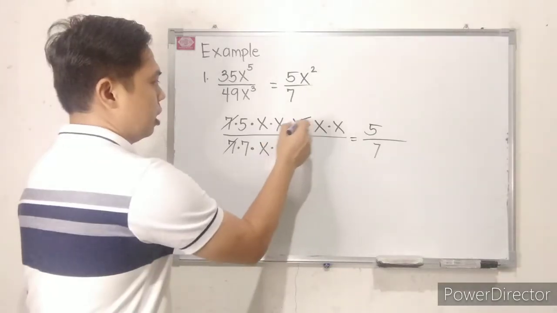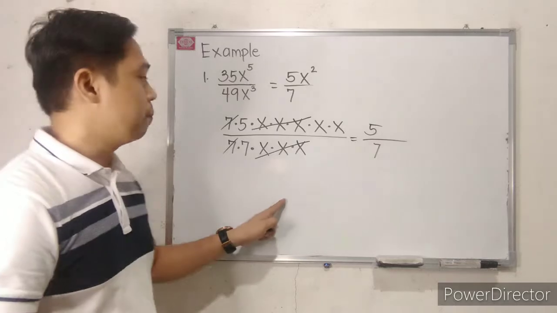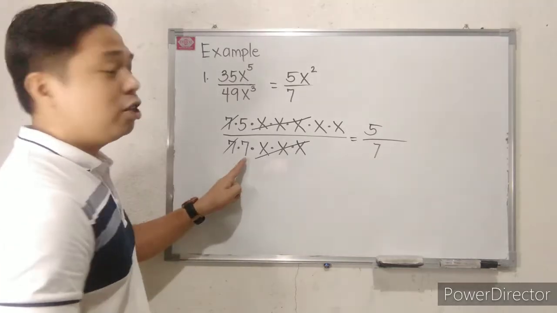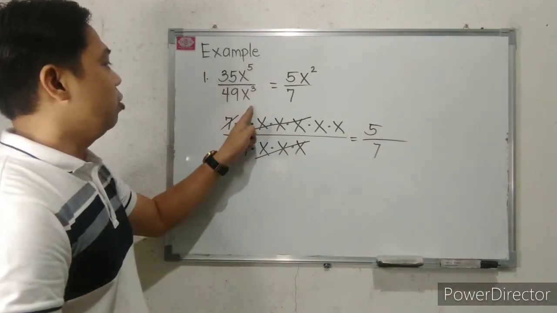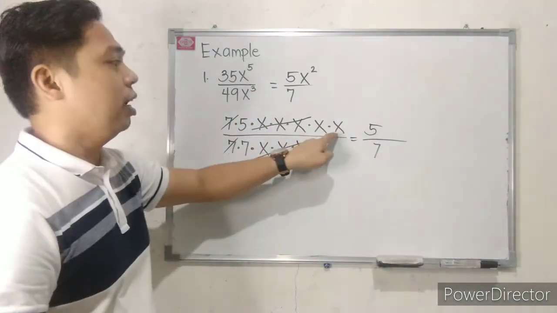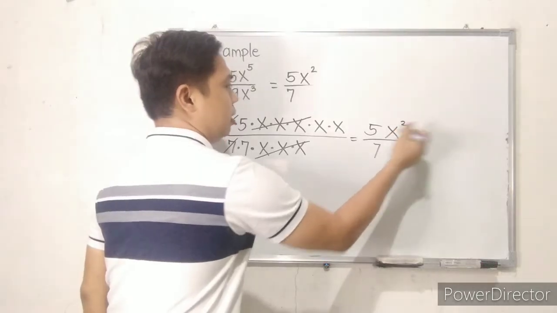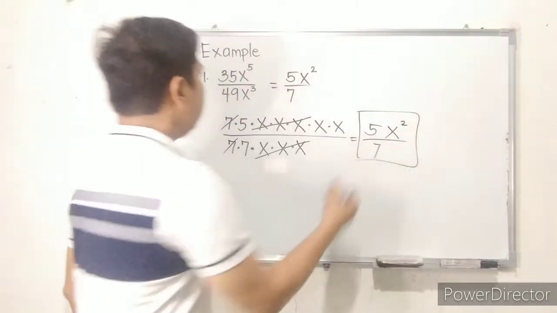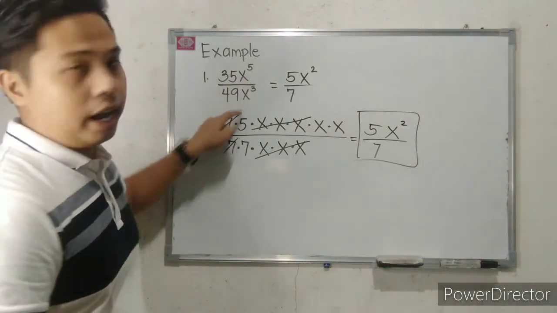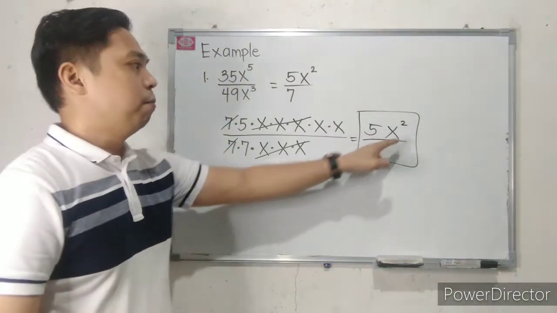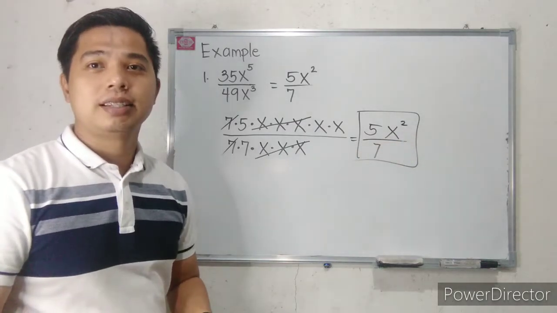Meaning, we cancel the 3x and the 3x below. So what's left in the denominator is 7. Then what's left in the numerator is 5x squared. So, simplifying 35x raised to the fifth over 49x cubed, we will get 5x squared over 7.